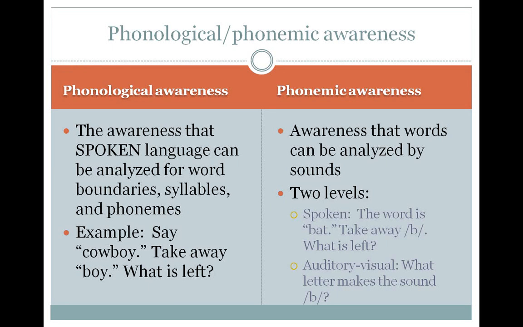An example of phonological awareness could be, say, cowboy. Take away boy, what is left? So that's an analysis at the syllable level. Another one could be, listen, how many words do I say in the sentence? I ran home fast. So if a child can count that there are 4 words in that spoken sentence, then they understand word boundaries.